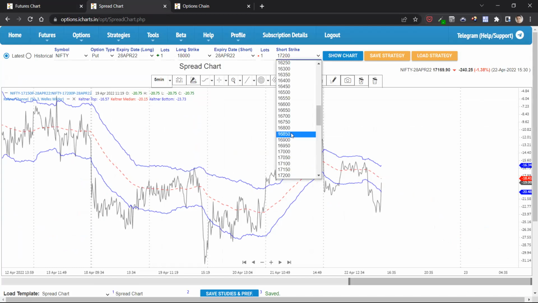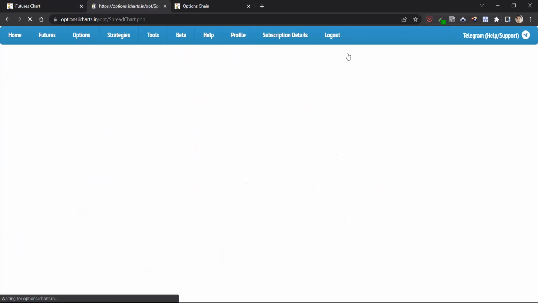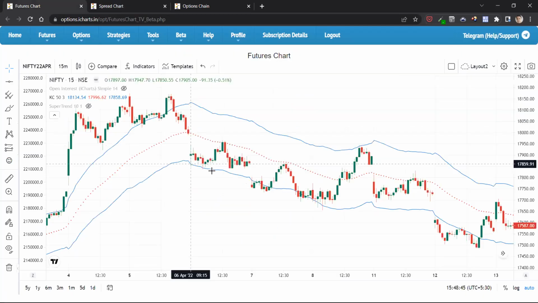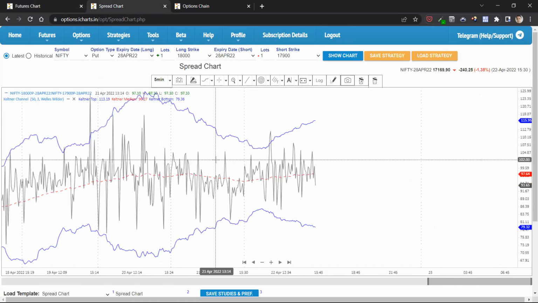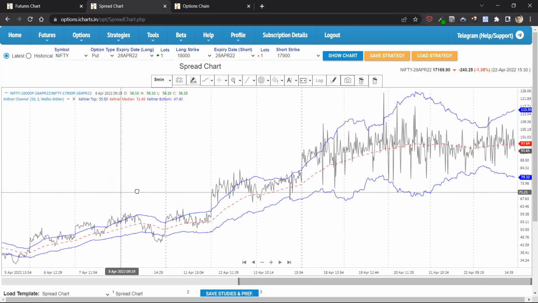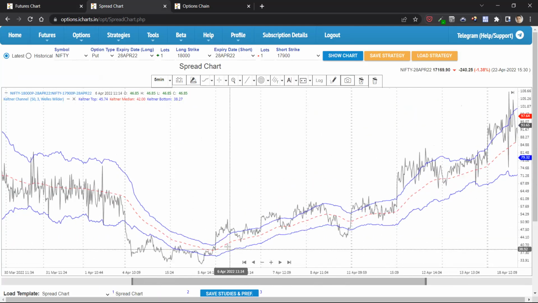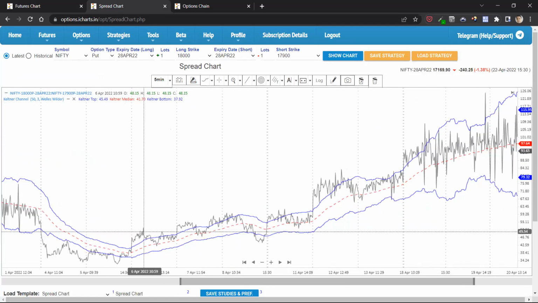Short, I would go with 17.9 or something. And this was on the 6th, 10:45. This is where I'm initiating the trade.